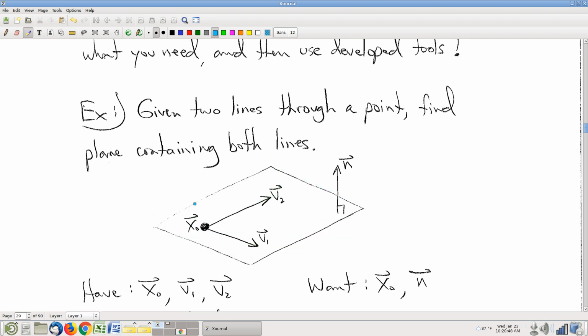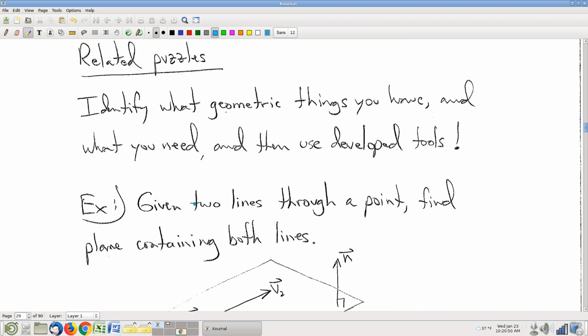What I advise is to translate to the language of geometry. If you're given the parametric equations of two lines, think in terms of what geometric objects that gives you. Then, for the equation of the plane that you're looking for, what geometric objects do you need?